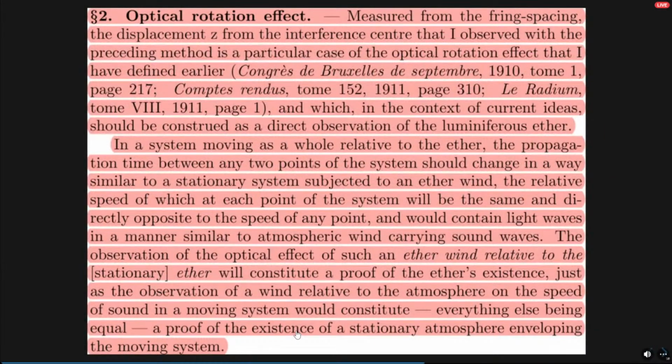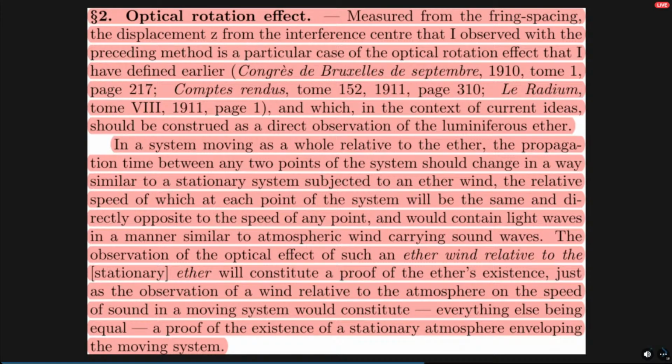So we're going to close out on Sagnac's interpretation of what he was measuring. It says here, the optical effect measured from the fringe spacing, the displacement z on the interference center that I observed with the preceding method, in a particular case of the optical rotation effect that I defined earlier in this book, in the context of the current ideas should be construed as a direct observation of the luminiferous ether.